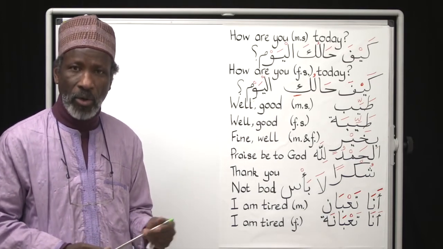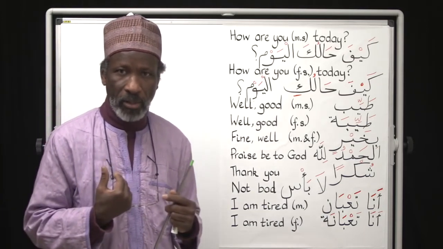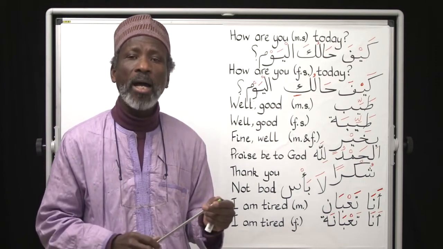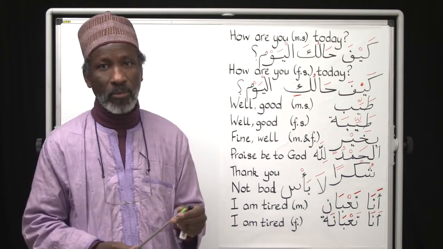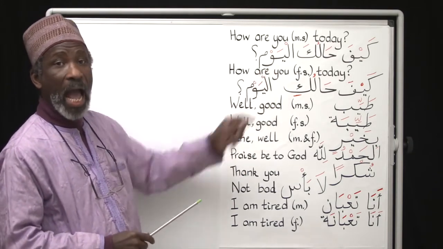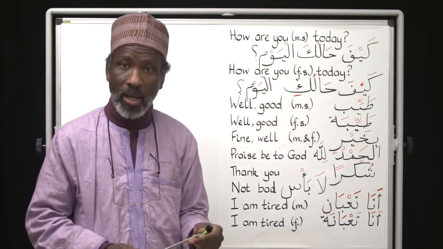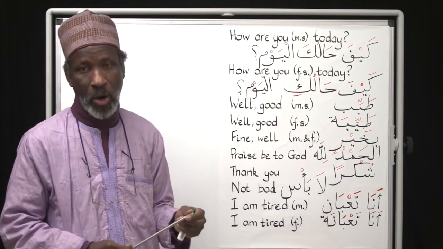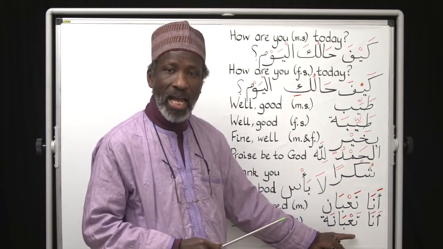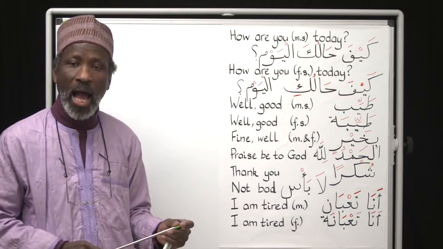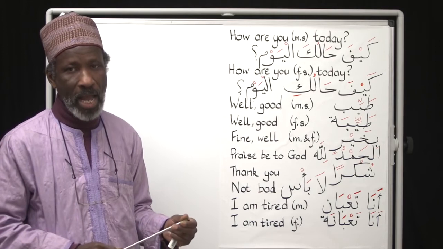So a male describing himself, that's me, I say أنا تعبان. How do you then say I'm tired today? Remember? اليوم. أنا تعبان اليوم. I am tired today. A female may say أنا تعبانة اليوم. I am tired today.